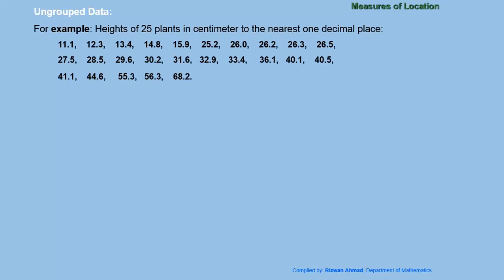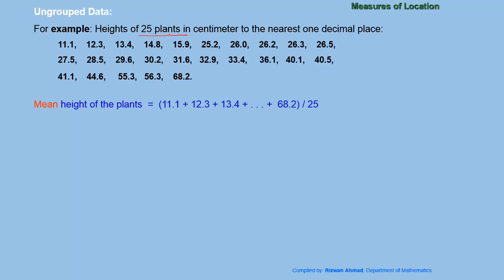Now, in case of ungrouped data, we take this example. To find the mean, we add all the values and divide by the total number of values. The total number of values is 25. It is mostly written in the question statement.